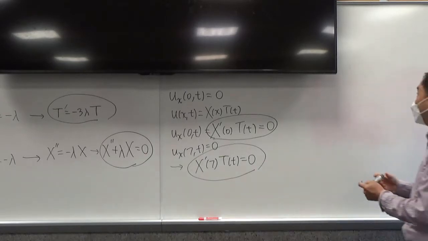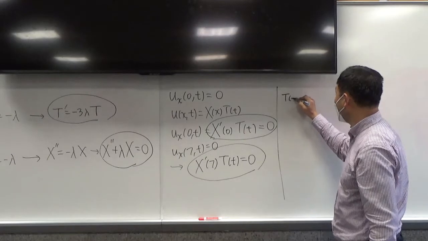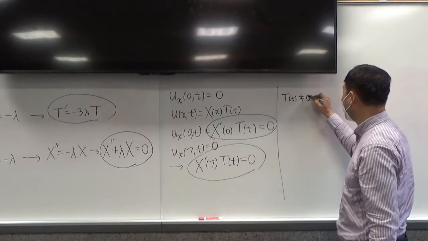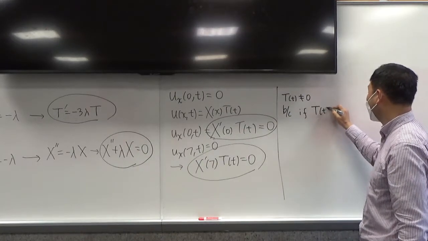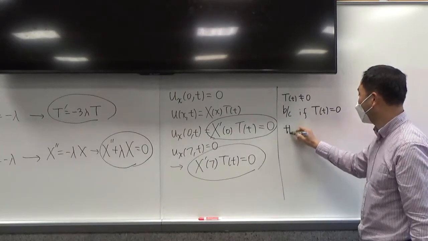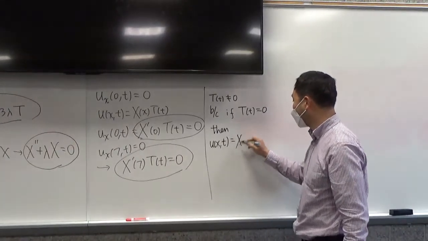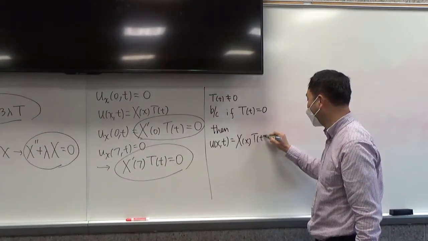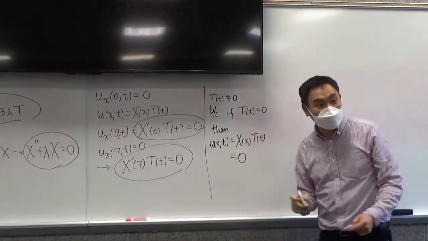So we say T of t cannot be 0, because if T of t is 0, then u of x, t, which is the product of X of x and T of t, is just going to be 0 as a constant function, and that's called a trivial solution, right?